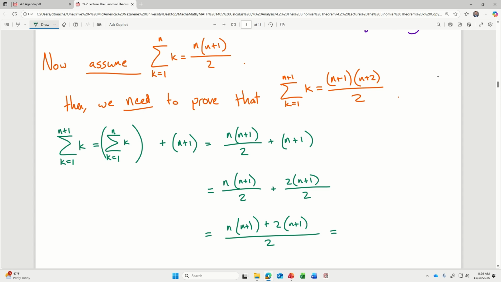And then in the numerator, I've got two terms that I'm adding together that have the same n plus 1 factor. So let me just factor out the n plus 1. What it looks like to factor out the n plus 1 is n plus 1 times n plus 2.